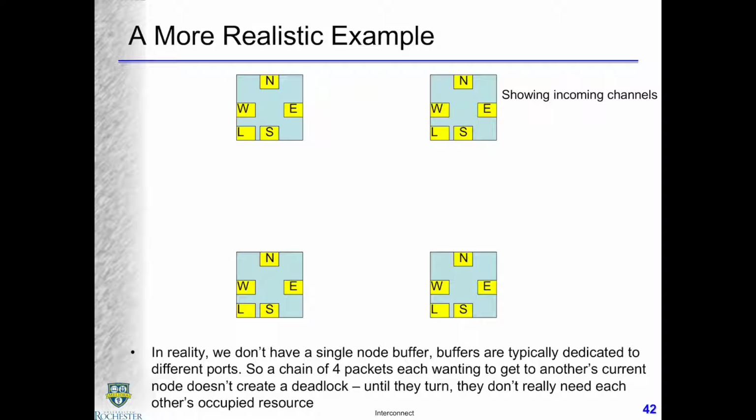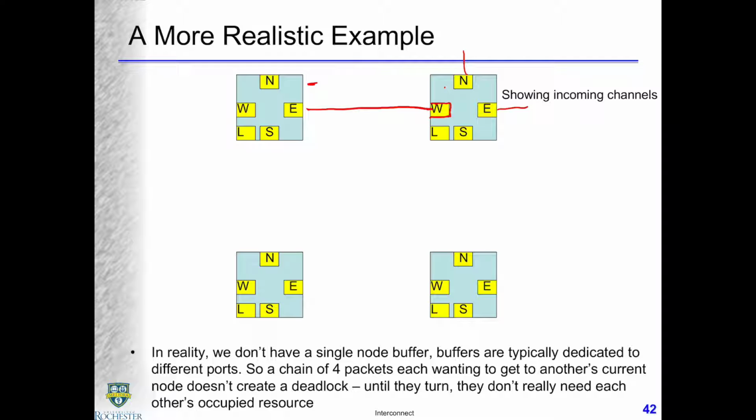What that means is, if I have a packet that I need to send from, let's say, this node over here to that node, there's a channel, lots of wires, and the packet will eventually arrive. When they arrive, the first thing they do is get written into this buffer. So there's a buffer dedicated to the incoming channel from your west upstream neighbor, from your north upstream neighbor, from your east upstream neighbor, and so on.